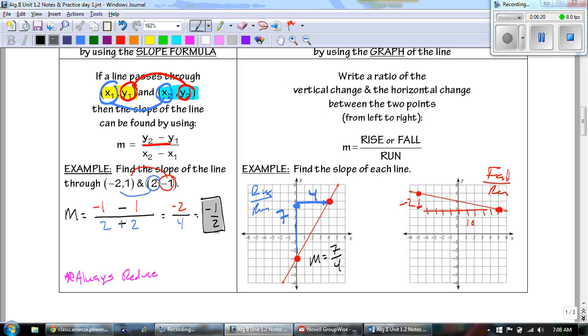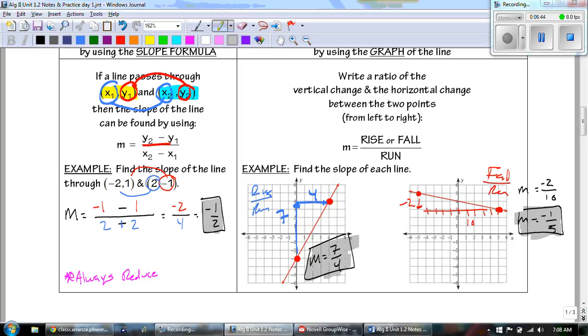Okay, so if my slope is negative 2, because that's my fall over my run, I would reduce that to negative 1/5. Okay, so since those are my answers, I'm going to put a box around it.